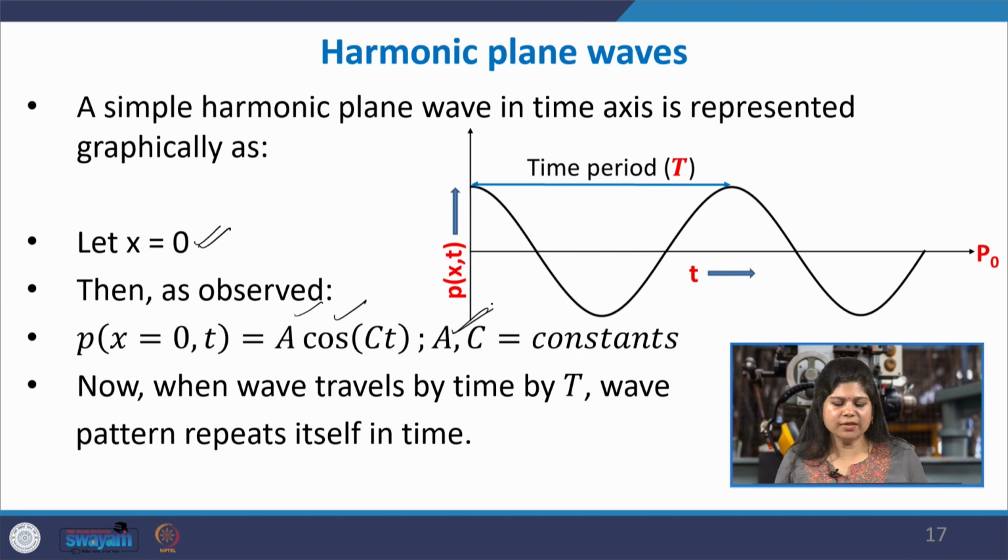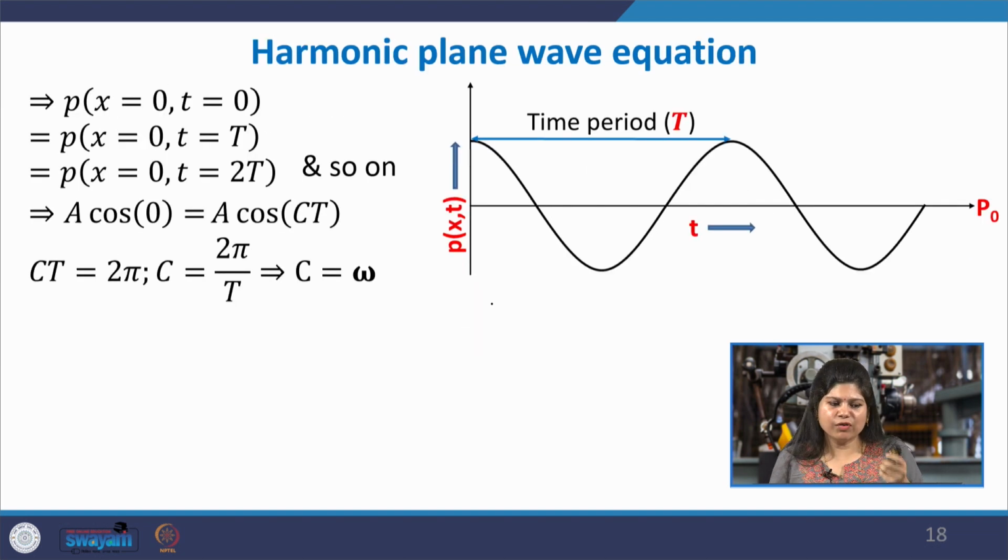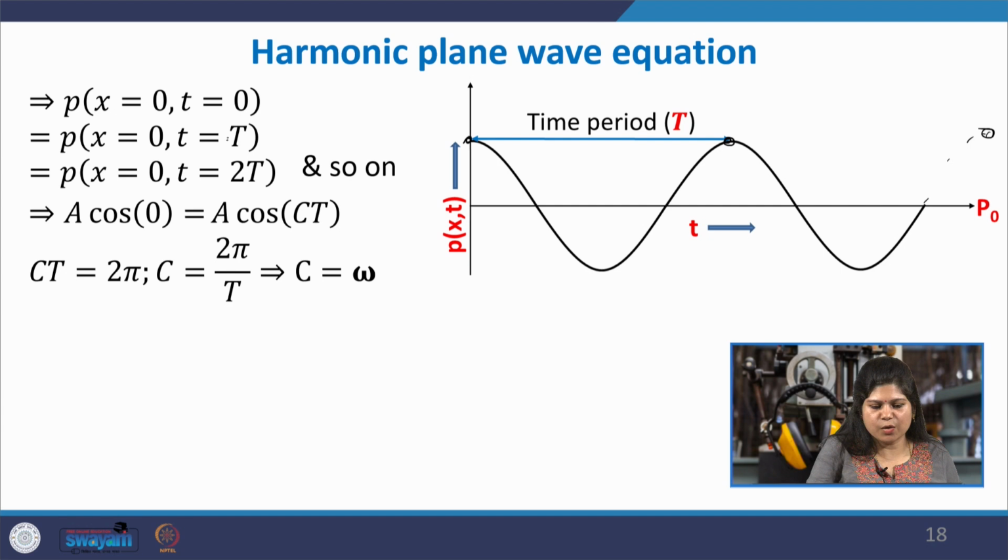We will again find what these constants are, following the same approach. Here the wave repeats the pattern after every time period T. Whatever the pressure was here would be the same pressure here, and the same again after every T. So, A cos at t equals 0 would be the same as A cos at t equals capital T, and this happens when it becomes equal to 2 pi, because 2 pi is the period of the cos wave.